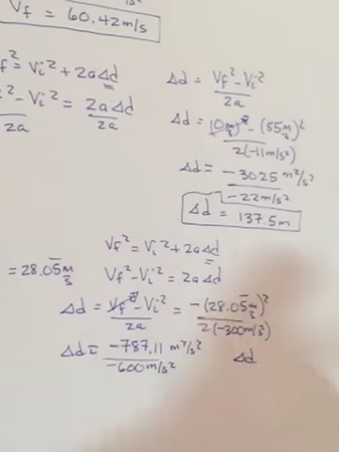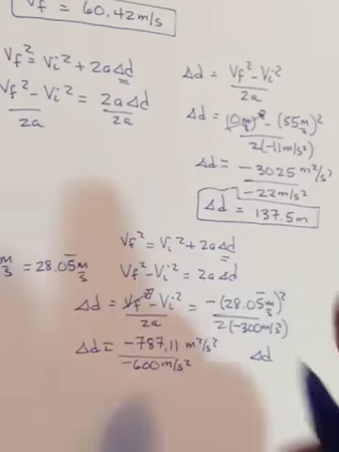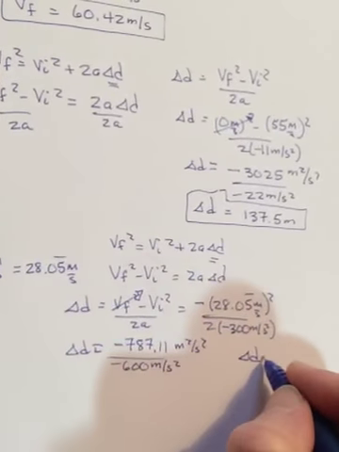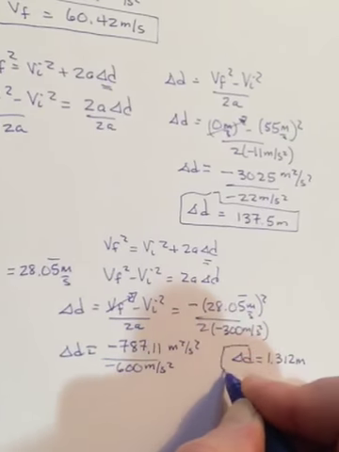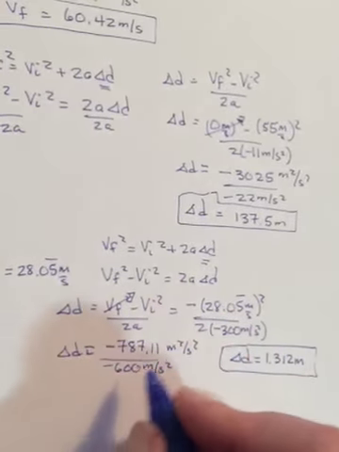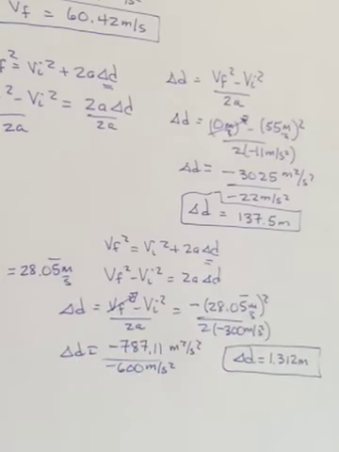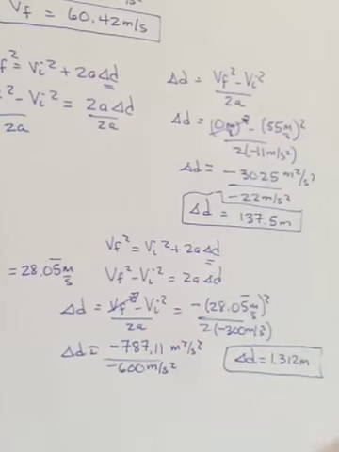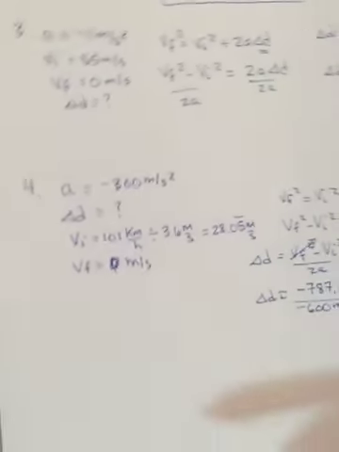Divide by negative 600, and you should get 1.312. And it works out to be positive because the two negatives cancel. And I didn't round, I left all my digits in my calculator there, so if you're getting something a little different, it's because you must have rounded. All right, that's number 4.